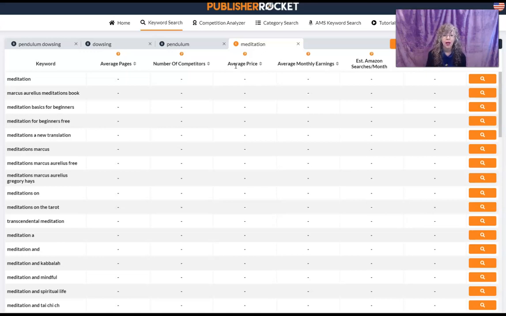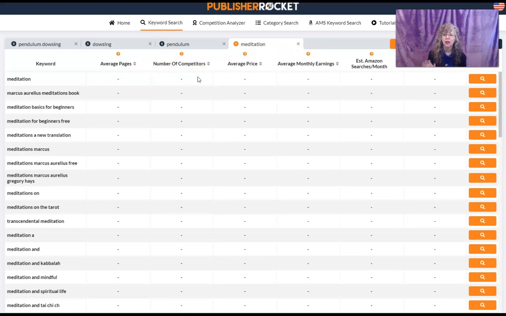Good to know, okay? What is the average monthly earning? Now, I believe this is of the top books, okay? And when we say top books, we're really talking about the top 10 in the category. It's really hard to rank for a single word category like meditation. It's easier to rank for what's called long tail, and that is, the key phrase is long, right?